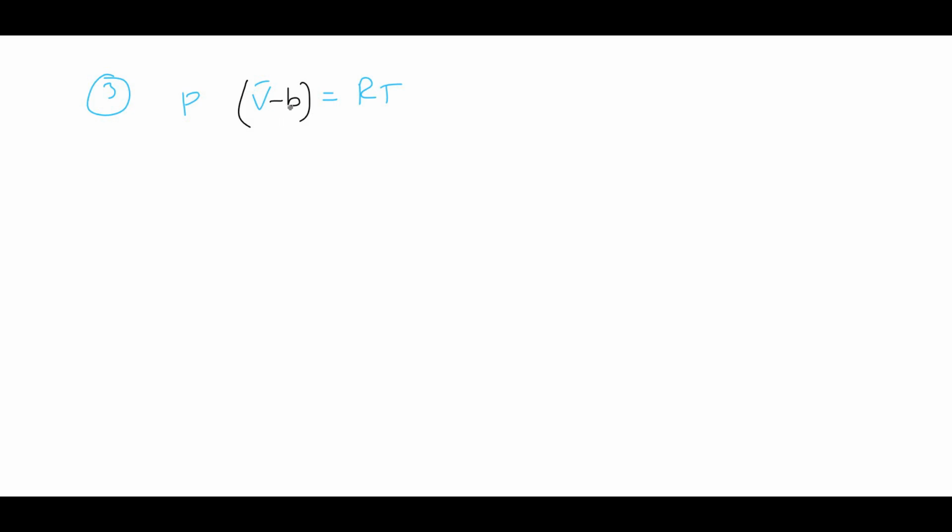Suppose it is a container and there are molecules, these will also occupy volume, and they will contribute a reduction by a factor of minus B. And secondly, the other factor is attraction and repulsion as addressed in the previous cases.